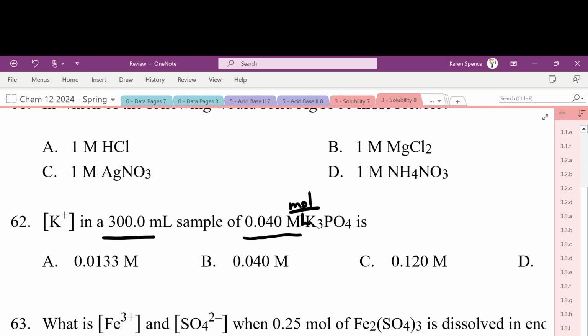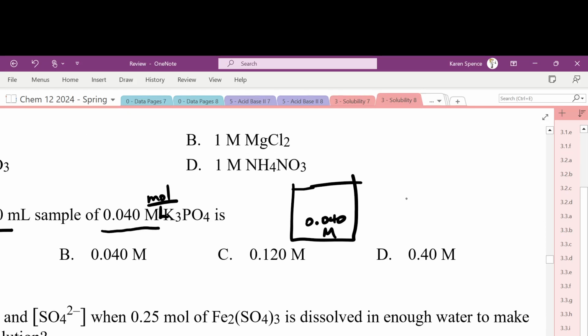Will I have a different concentration if I take a different size volume? So if I was to just take a sample of this, say I just took a little sample of it, would the concentration be different?